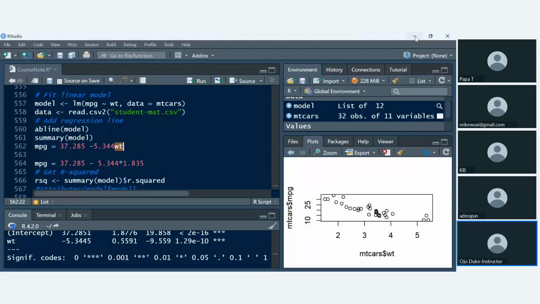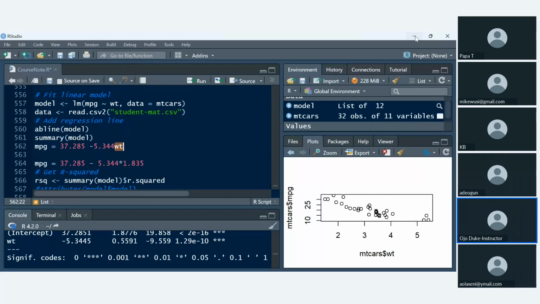I did not do this particular one from the beginning. I only explained it to the last class. So you guys will have to see us work on it line by line till the end. Is that okay? Are we okay? Okay.